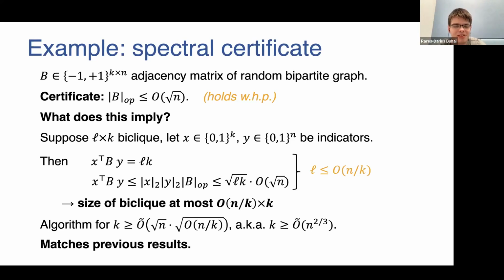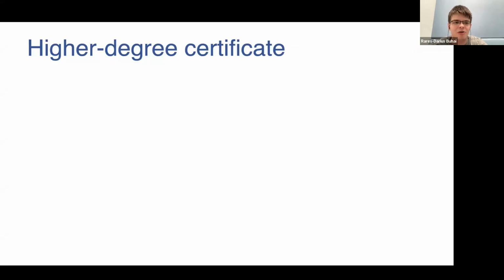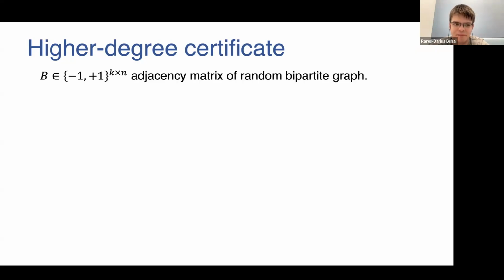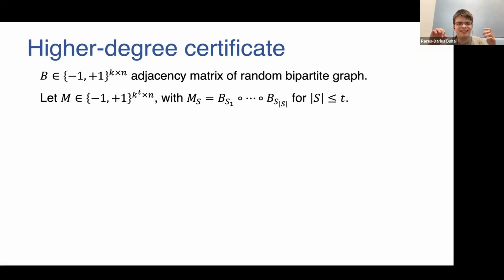So now let me just very briefly mention what our certificate is, with which we achieve our result. This is a higher degree and non-spectral certificate. So again, consider the adjacency matrix and construct a tensored version of this adjacency matrix. So now we're going to create a much bigger matrix that has k to the t rows.